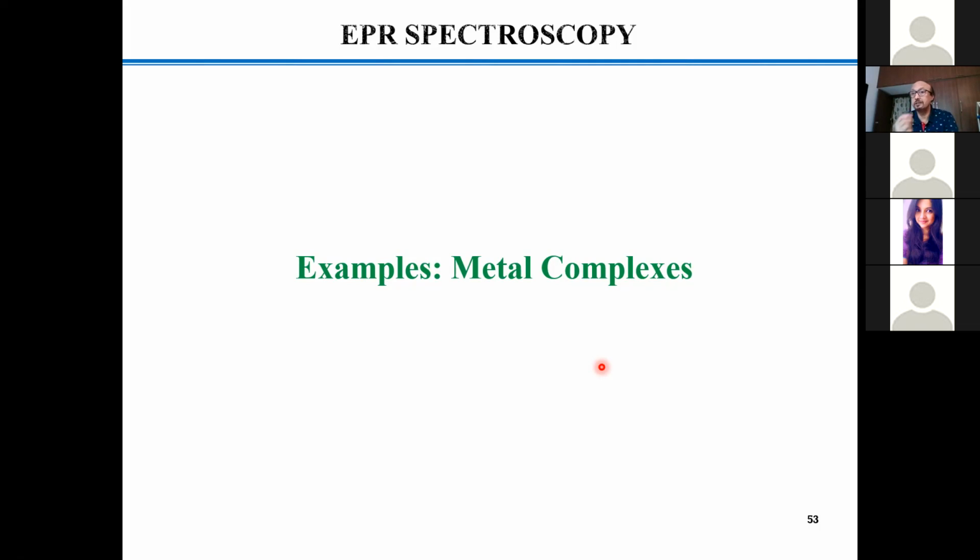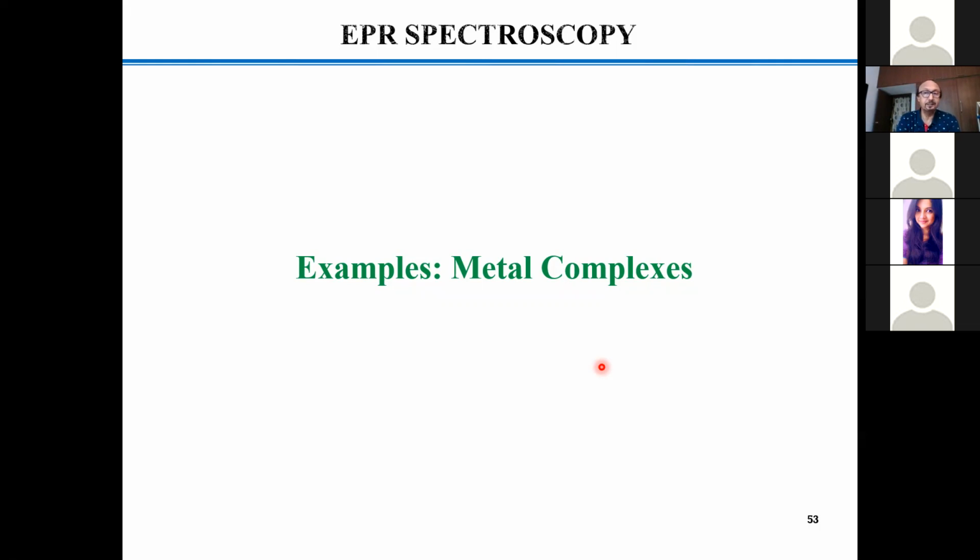Because when resonance comes into the picture, our mind needs to consider what kind of resonating configuration one could conceive for that molecule. So many things you have to consider together, and then you will have a better understanding through EPR or ESR experiments of that radical system.